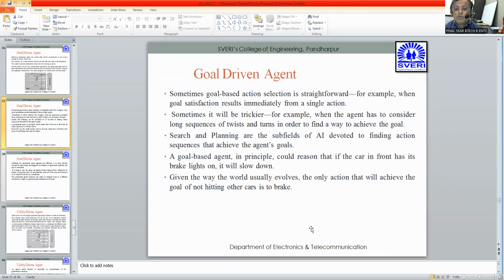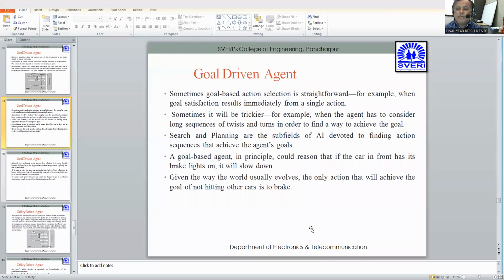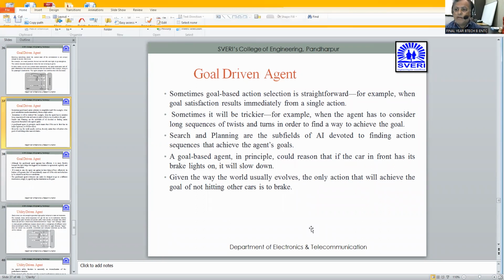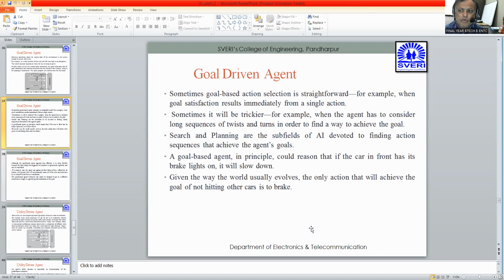So in order to achieve the agent's goal, there are two important things based on AI, which are the subfields of AI. What are they? Search: you search for the destination, the target. And planning: what will the agent plan to achieve that goal? So one is searching and the other is planning.